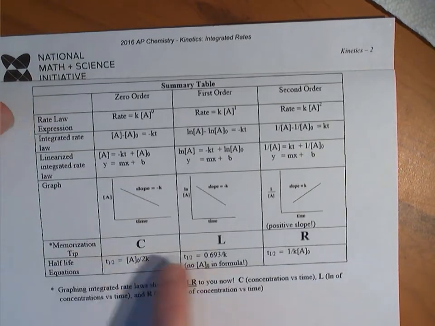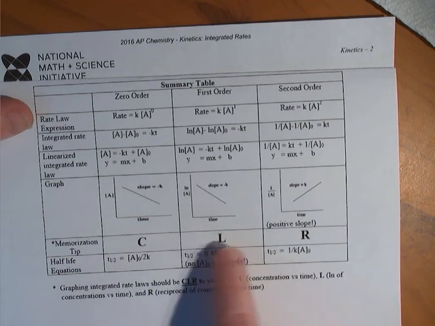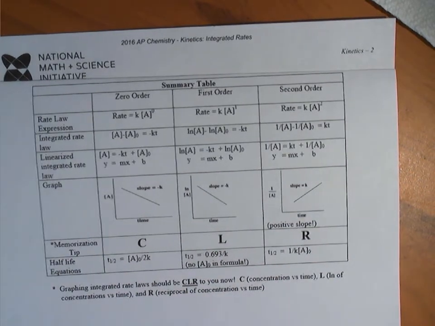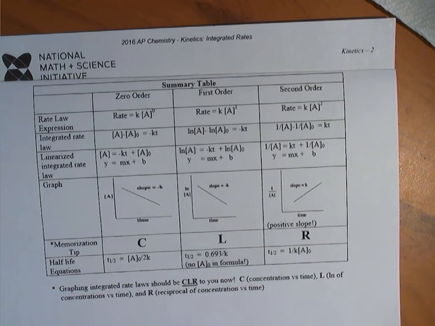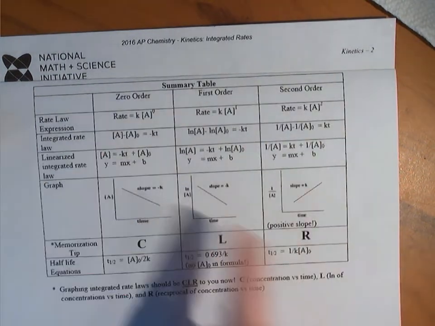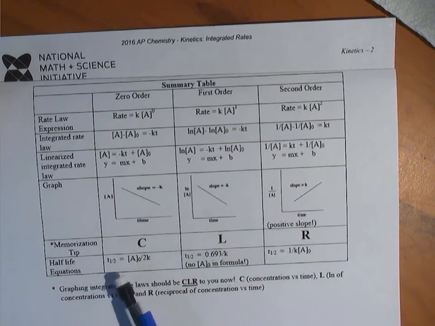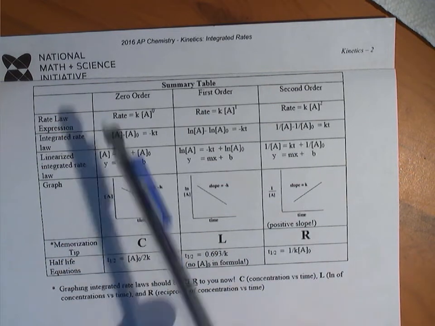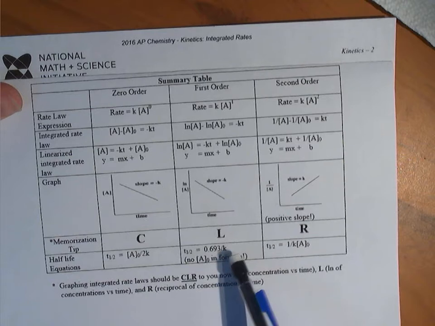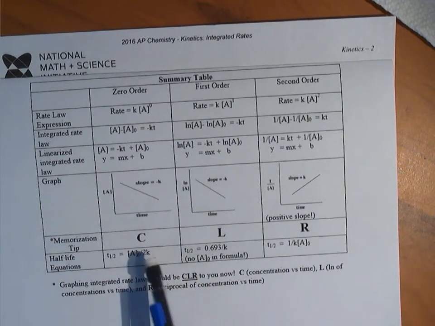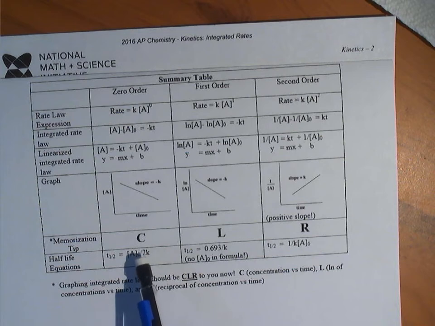Not necessarily that I find this tremendously useful, this memorization tip, but if it helps you, please go ahead and use that. What we need to know is this stuff, yeah? And here are our half-life equations, but this is the one for first order that we're most asked about, and these will change half-life as the reaction proceeds.